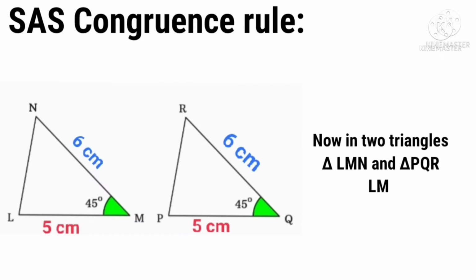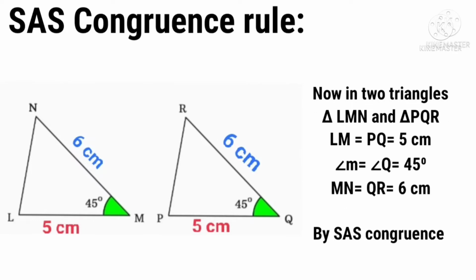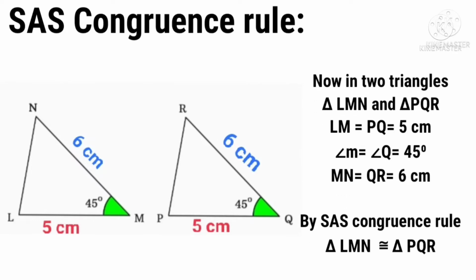So if we compare the two triangles LMN and PQR, LM equals PQ equals 5, angle M and angle Q are 45, and MN equals QR equals 6 centimeters. So here two sides and the included angle, that means the angle between them, are equal. So by the SAS congruence rule, these two triangles are congruent.